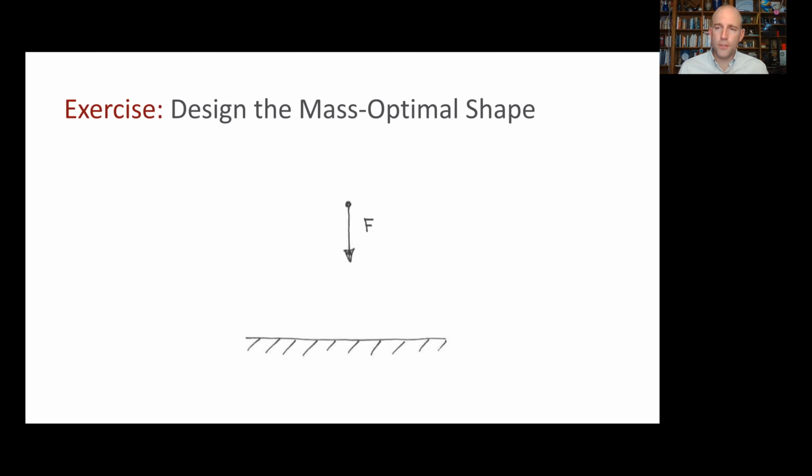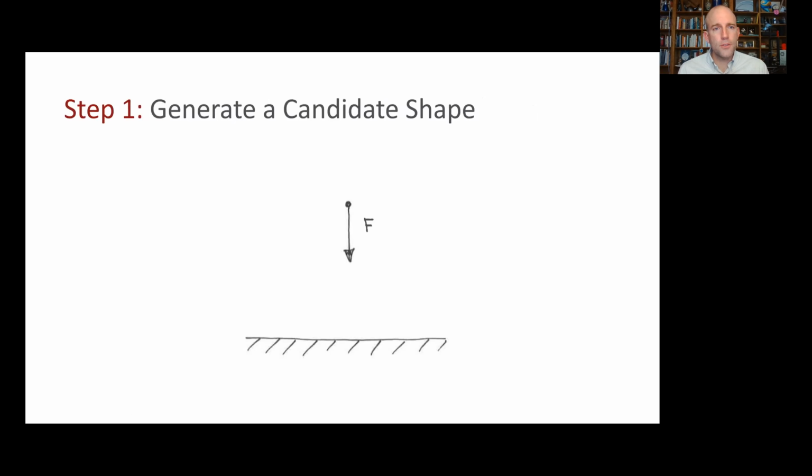So the first step in this process is to generate some ideas for candidate shapes. So what I'd like you to do now is get out your paper and pencil and for 1 or 2 minutes independently, draw some ideas about what a good part shape might be for this scenario. And then discuss with your partner for a minute or two and then come back.